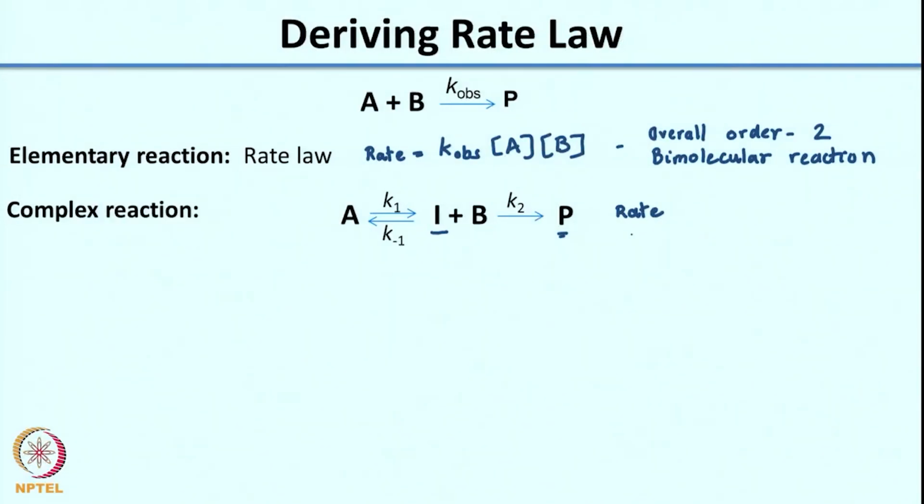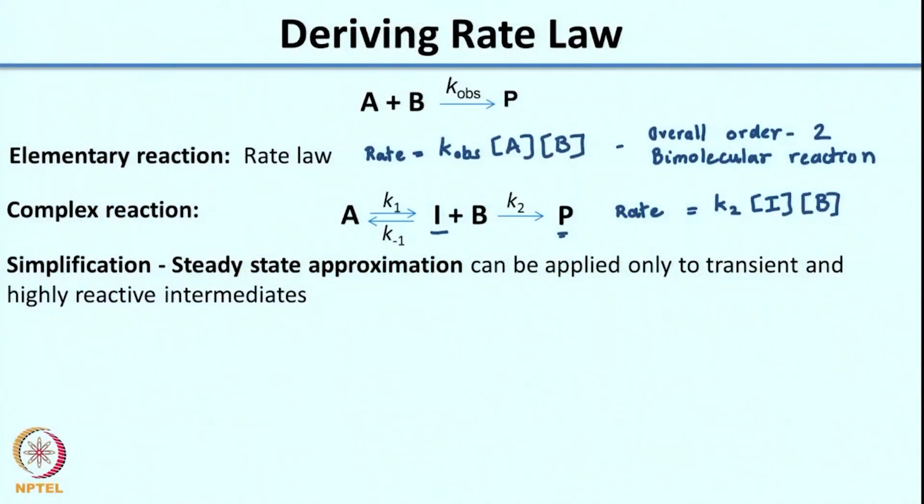So, the rate of formation of P would be dependent on the rate constant K2, concentration of I and concentration of B. So, you always start from the right, which is formation of the product. Now, this is not the rate law because it does not take into account K1, K minus 1 and concentration of A, which is the other reactant. So, this is not your complete rate law.